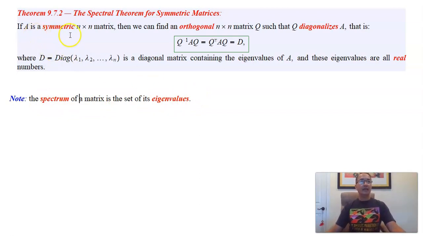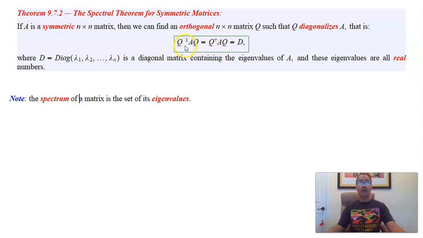But spectrum actually means the set of eigenvalues of a matrix. So if A is a symmetric n by n matrix, then we can find an orthogonal n by n matrix Q such that Q diagonalizes A. In other words, Q inverse times AQ has to be the same as Q transpose AQ. Why?